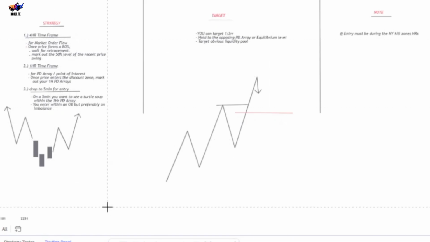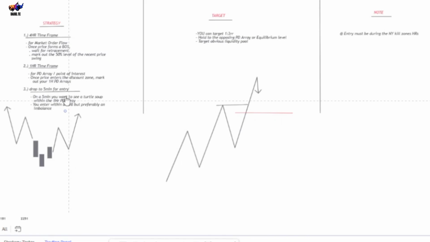So the next thing, it says we go to the 1 hour time frame. And what are we doing in the 1 hour time frame? We check for any PDRA. Now what's a PDRA? In ICT concepts, PDRAs are simply stuff like order block, imbalance, rebalance, a breaker block, a rejection block, and so on, right?